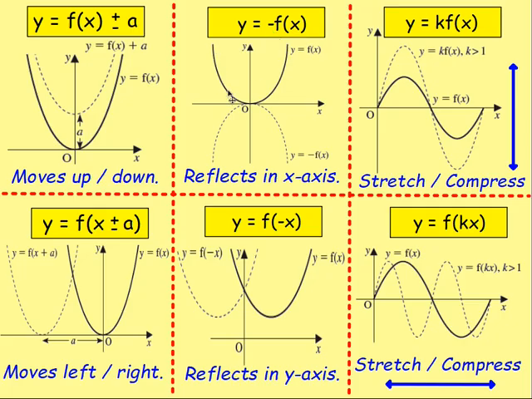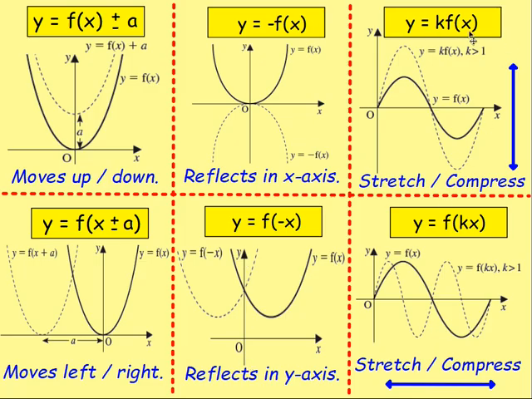Instead of y equals f of x looking like that, it'll reflect it down. If you have f of negative x, that will flip it over your y-axis. So if this was y equals f of x, this point here will reflect over to here, this point here reflects over here. You get the idea. Your y-axis will be your line of symmetry.